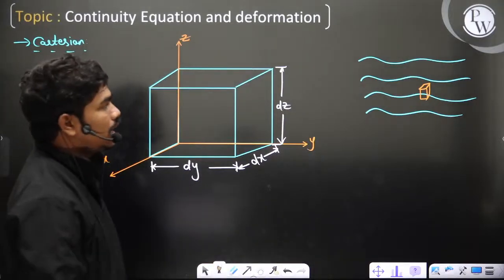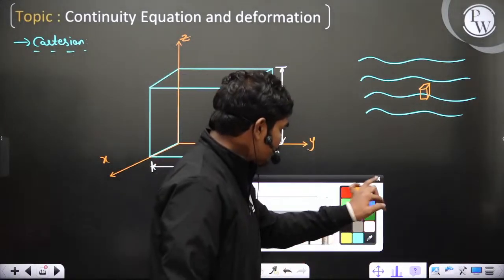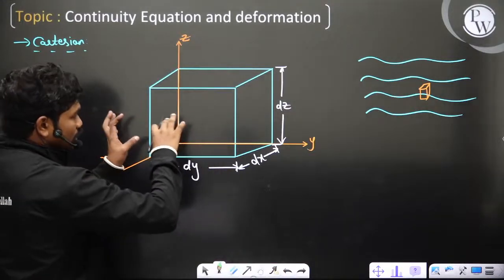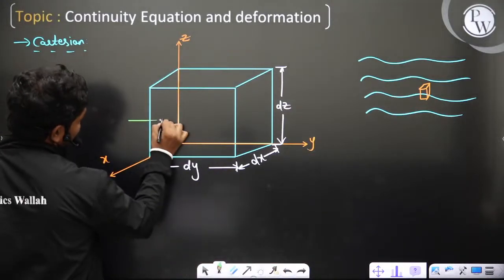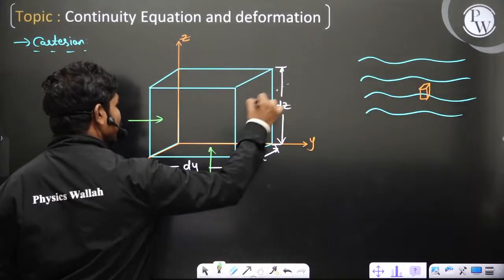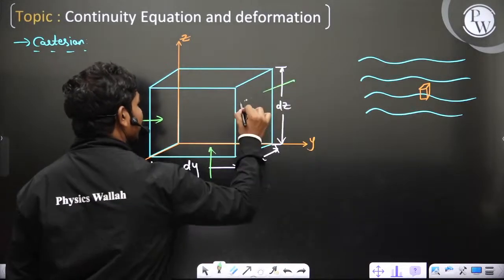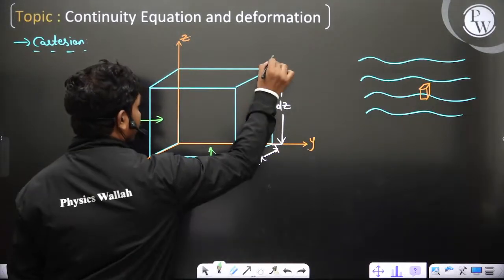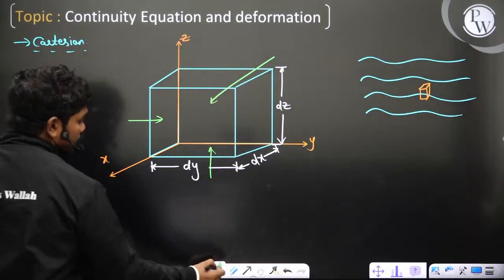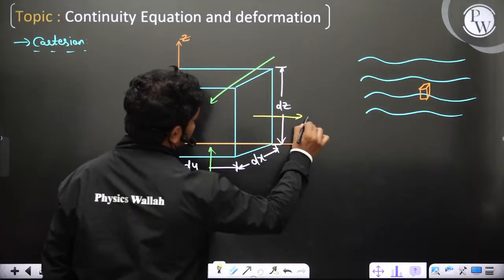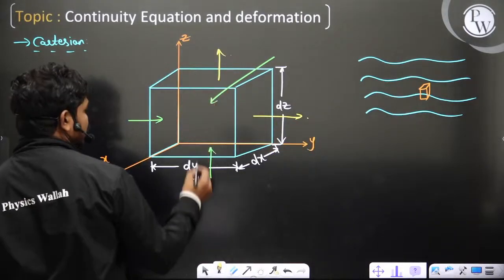Now let us suppose mass is coming into these 3 faces, for example. So mass is coming in here and here and also to the back face. And let us suppose mass is going out through the 3 other faces, I mean the right, the top and also the front face.